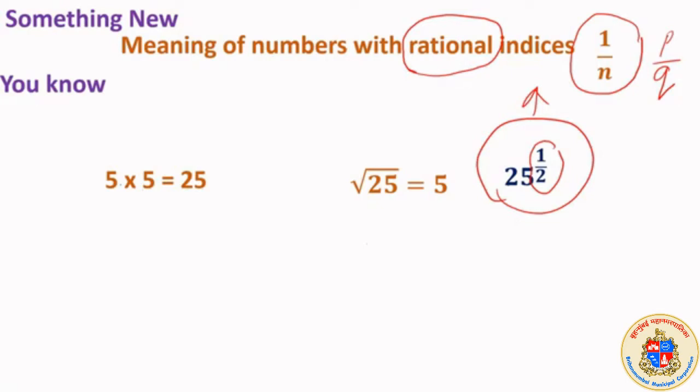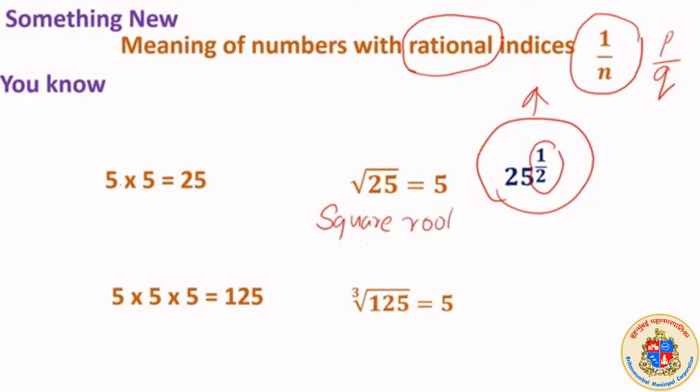Understood? That means it indicates square root, and if this is the case, 5 into 5 into 5 is equal to 125, very simple. We write this as square root, and here we read it as cube root of 125 is equal to 5.